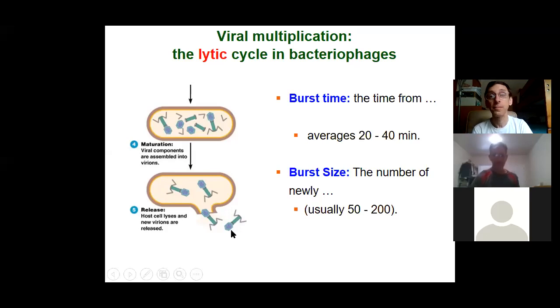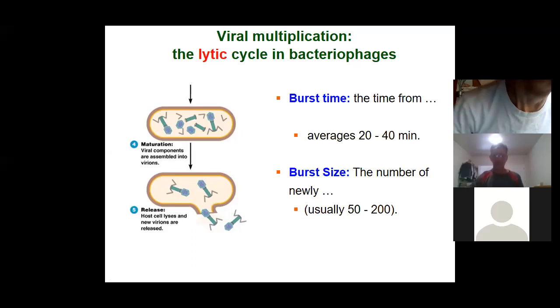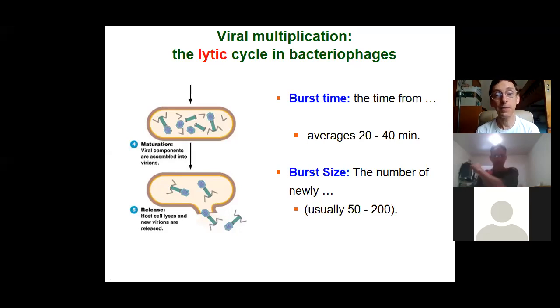Any question about the lytic life cycle? There's two terms you should know in the lytic life cycle. That is the burst time. That is the time from when a virion first infects a host bacterial cell till the time the cell bursts, releasing the new virions.